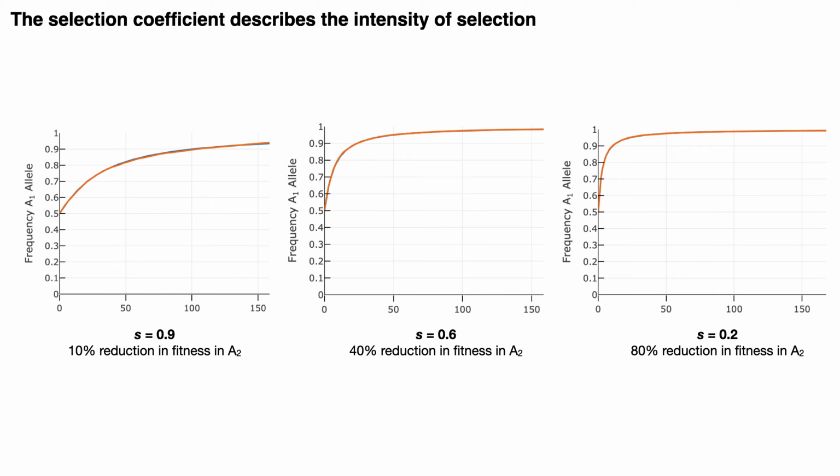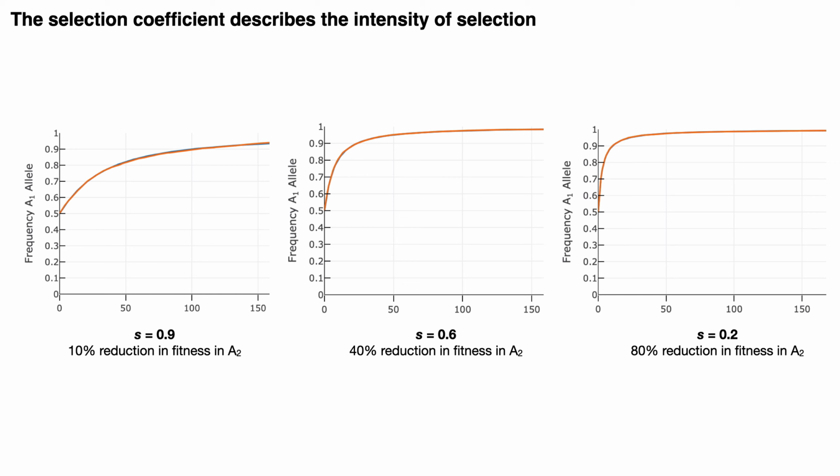With a 40% reduction in the fitness of the other allele, that A1 allele hops right up within about 20 generations to become over 90% of the population. And if you decrease the fitness of the other allele even further, then the A1 allele swamps the population and becomes nearly fixed within about 10 generations.